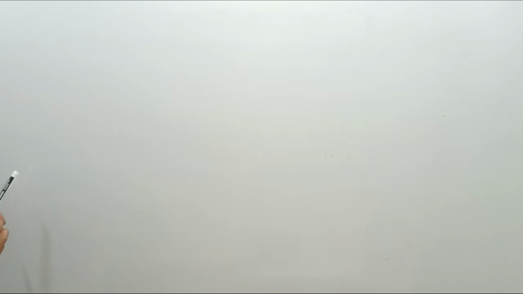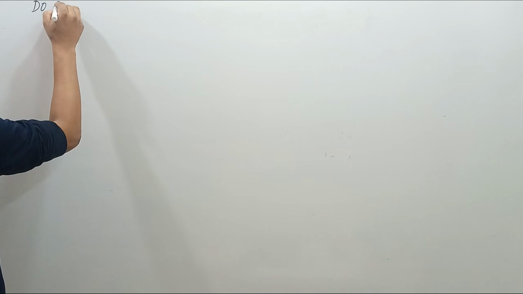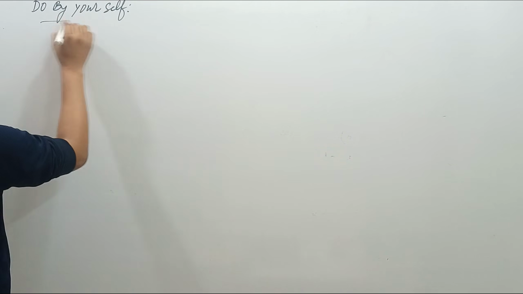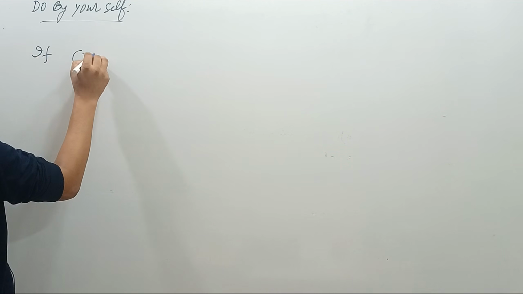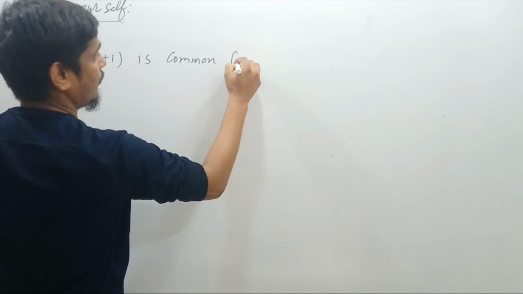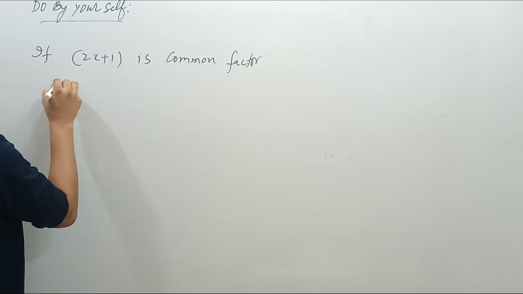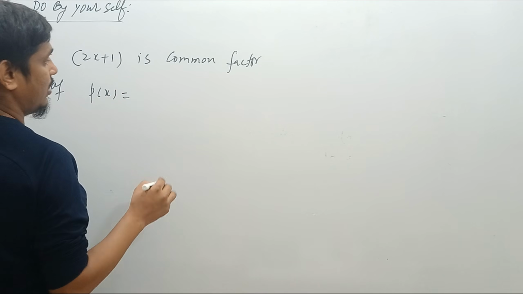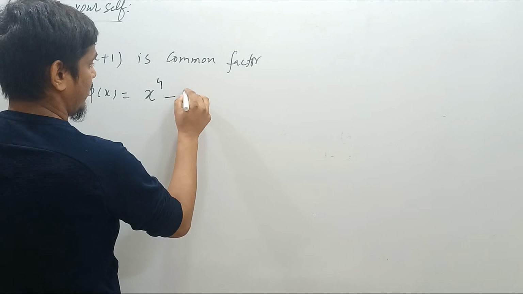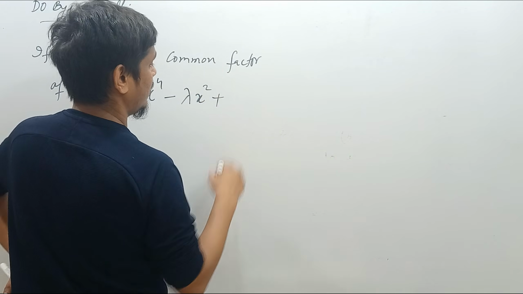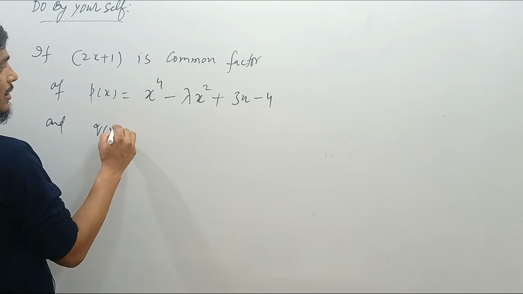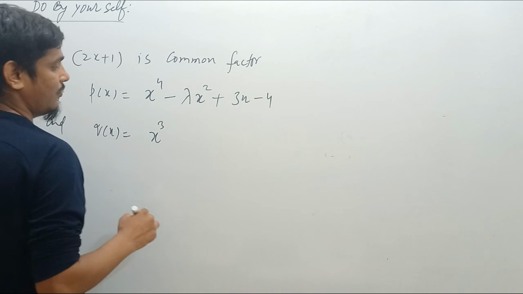Now let's take one more example based on the factor theorem. This question is for you to do by yourself. If 2x plus 1 is a common factor of p(x), which is equal to x power 4 minus lambda times x square plus 3x minus 4, and q(x) is given as x cube minus 5x square plus 3ax plus 2b.